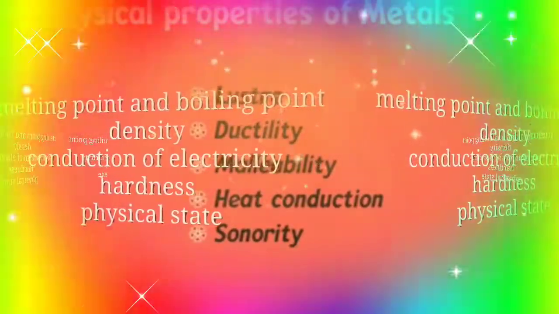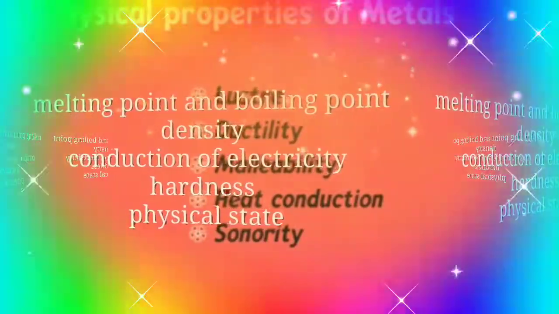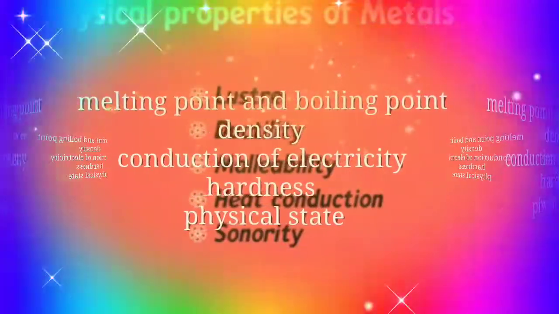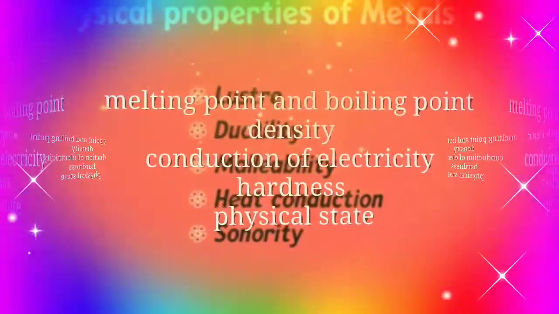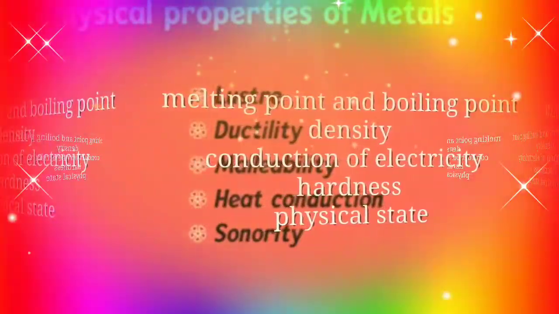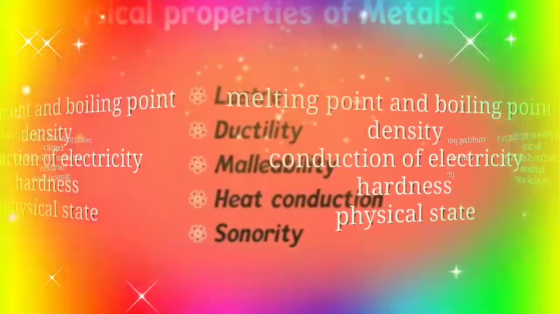Let us see the next one, that is density. Metals have high density, except sodium, potassium and lithium, which have lower density than water. The density of lithium is only 0.53 gram per cubic centimeter, whereas non-metals have low density.